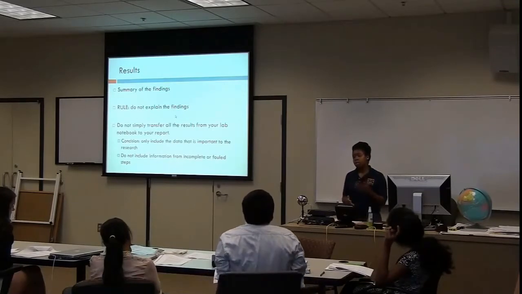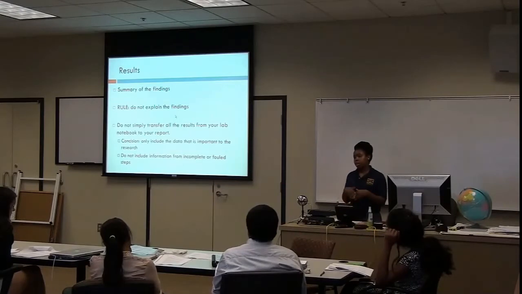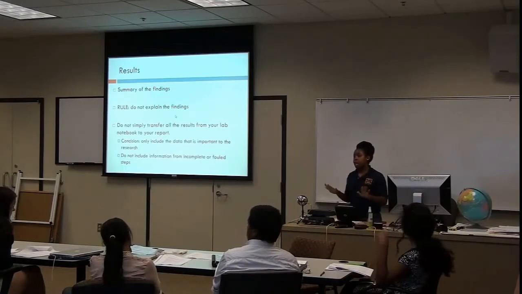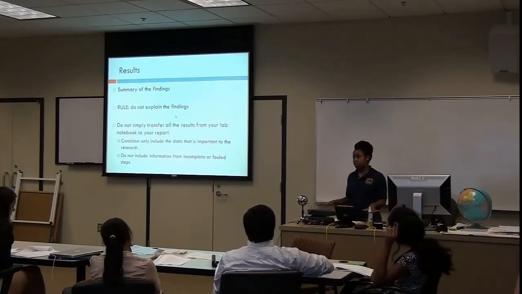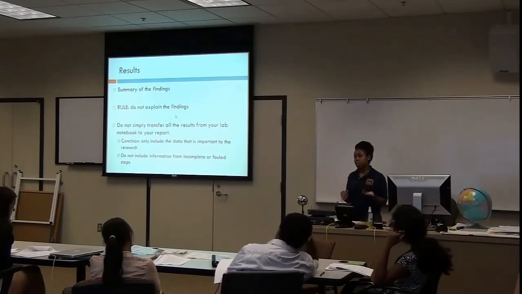So sometimes, all the times in lab, you're going to do experiments where it didn't come out the way you wanted it to, or something spilled, or something boiled over and burnt. You're not going to put that in your lab report. Is that understood? Only thing that you've completed successfully goes into the paper.